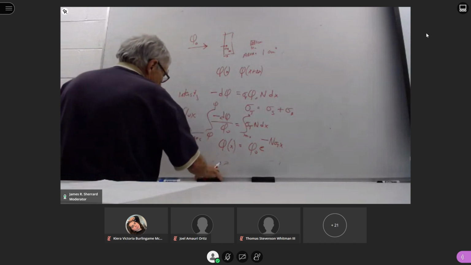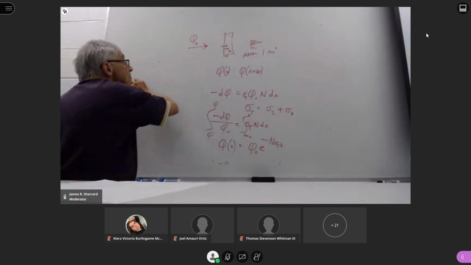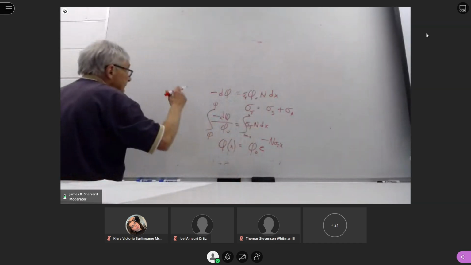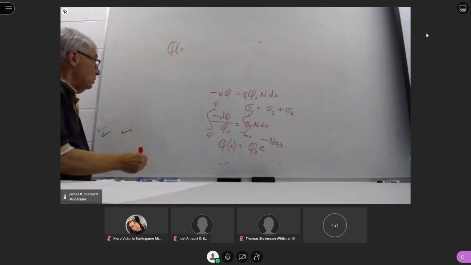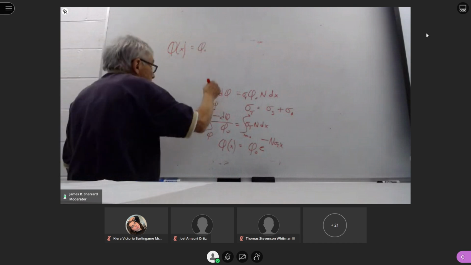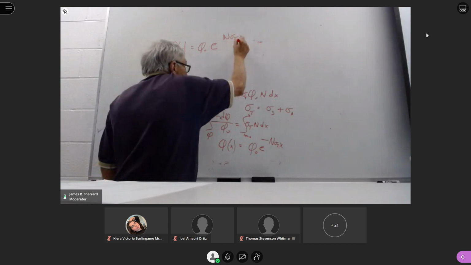So let me write that again up here. So the flux traveling any distance through a material is equal to the original flux times e to the n sigma t x.